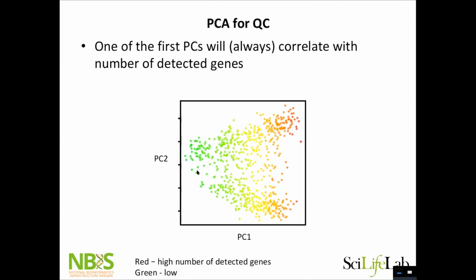And of course, this might be biological as well, that you have smaller to bigger cells. But in many cases, it will be technical, just due to different dropout rates in different library preps. And then there are methods to regress this out before doing analysis, or try to fix it with different types of normalizations.